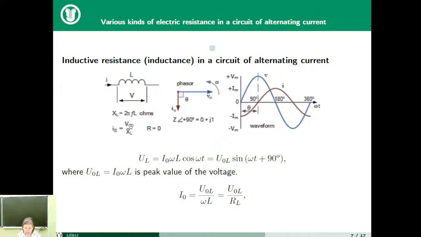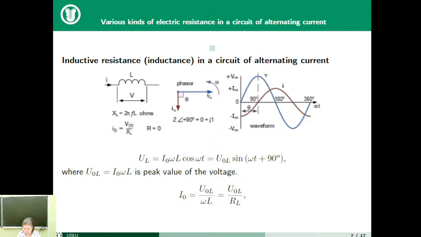Let in the circuit there be an alternating current I equal to I0 sin omega t.